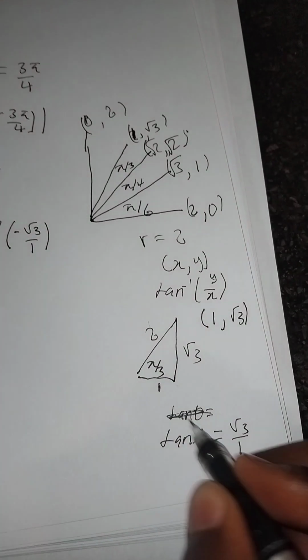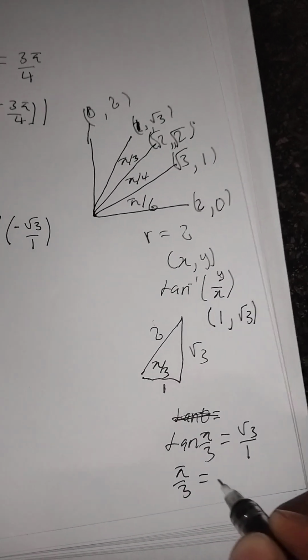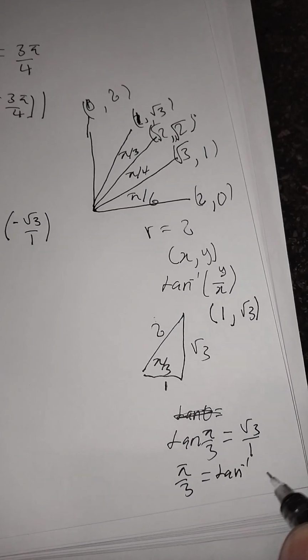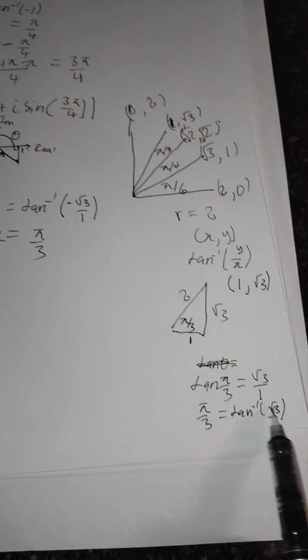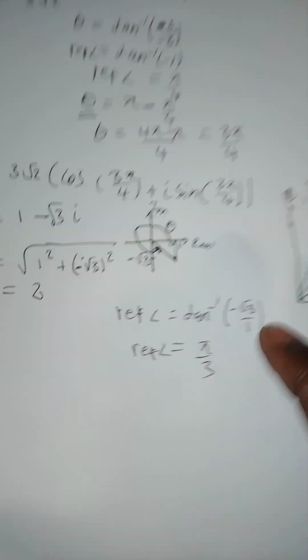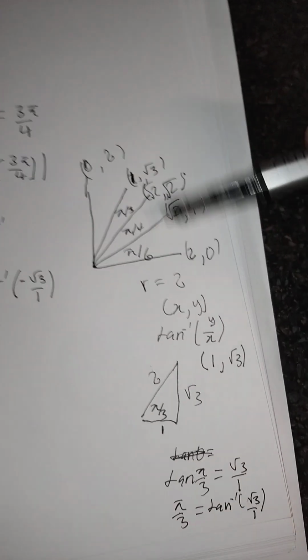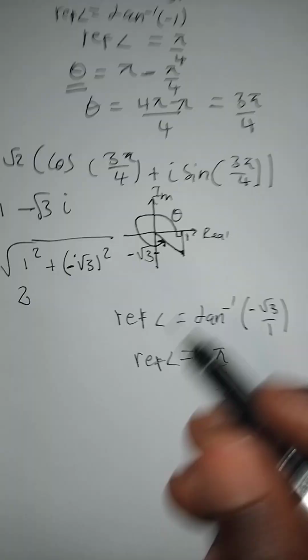If we take arctan on that side, pi over 3 is arctan of root 3 over 1. This is how I found out that arctan of root 3 over 1 is pi over 3, so that's why I have my reference angle as pi over 3. For those of you who want to understand this, feel free to check out the video I referred you to. Okay, now let's continue.